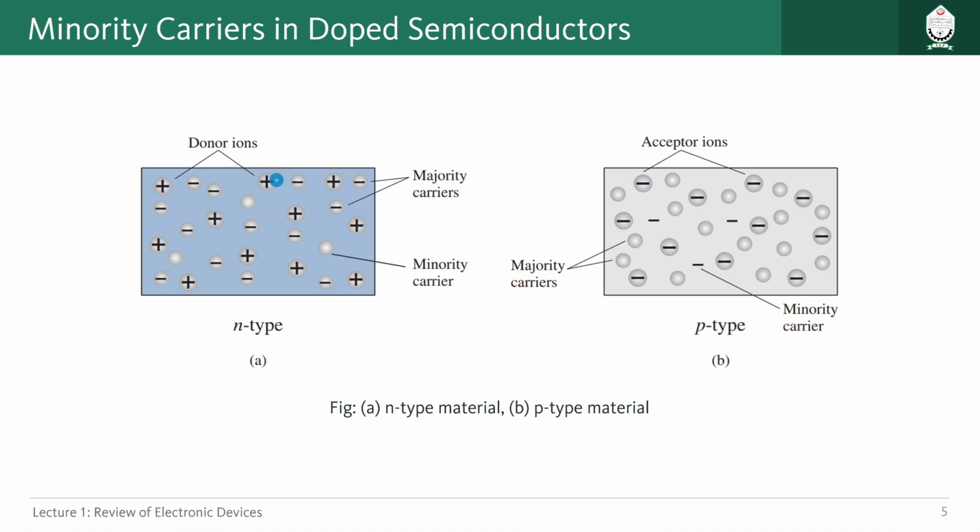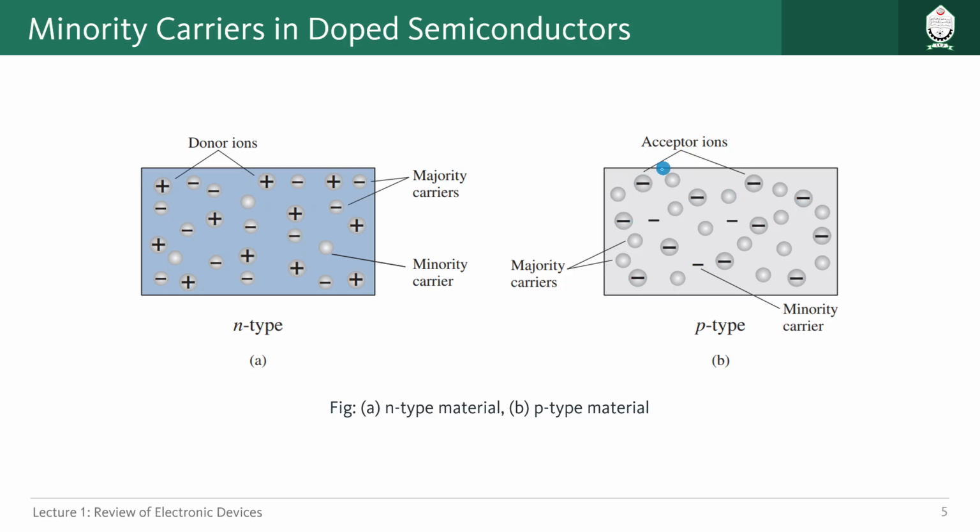This is because whenever one electron is released from its atom, the number of protons in the nucleus is higher compared to the number of electrons, so it is ionized. So it will be +1. That's why these donor ions are shown as plus.